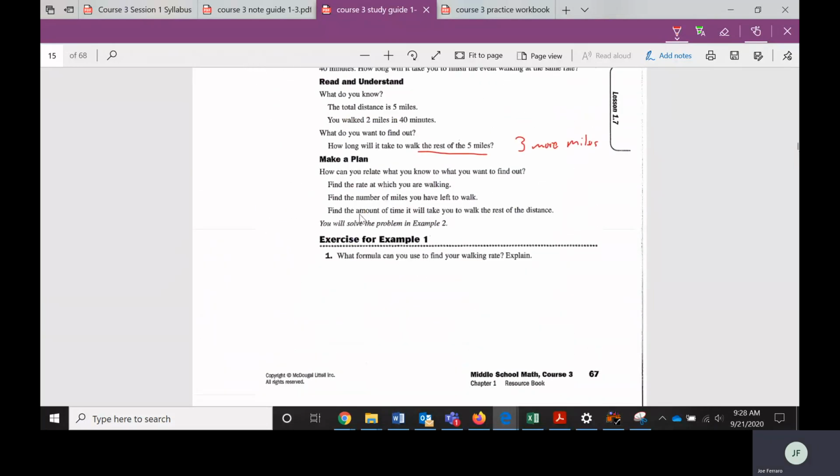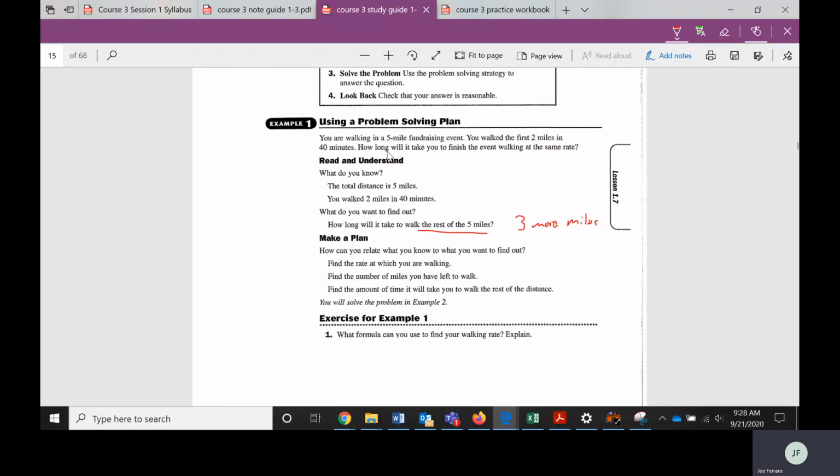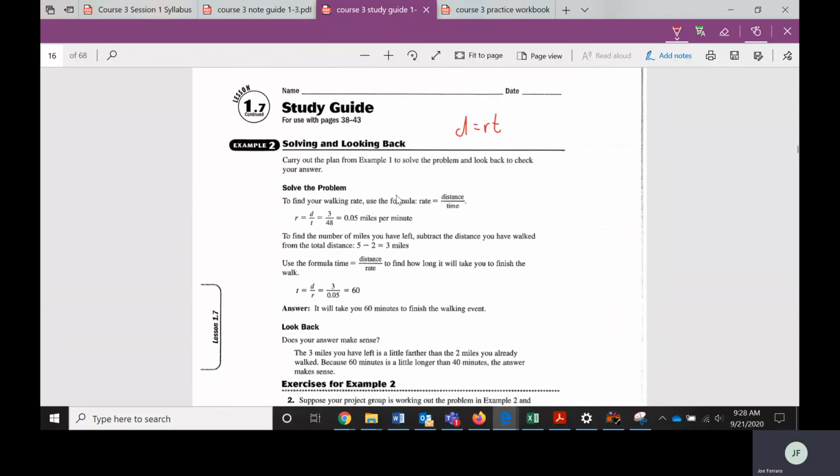We did 2 miles in 40 minutes. I don't know how they did this. This should be a 2 because we walked 2 miles and we've done it in 40 minutes. And now 2 divided by 40 does equal 0.05 miles per minute. That's why I paused for a second there. We have walked 2 miles in 40 minutes, so the rate is 0.05 miles per minute.